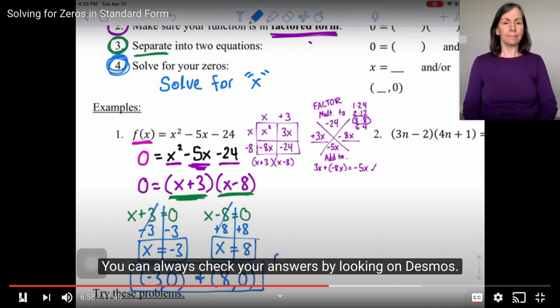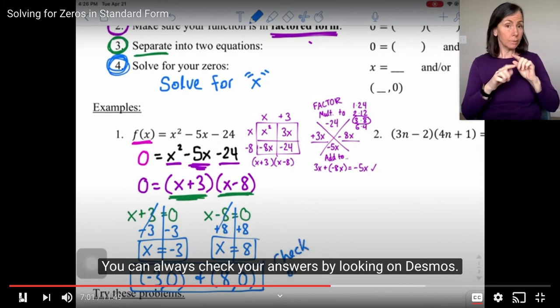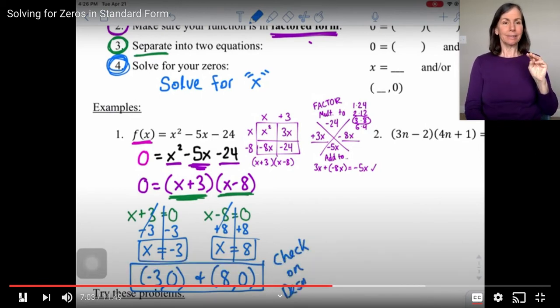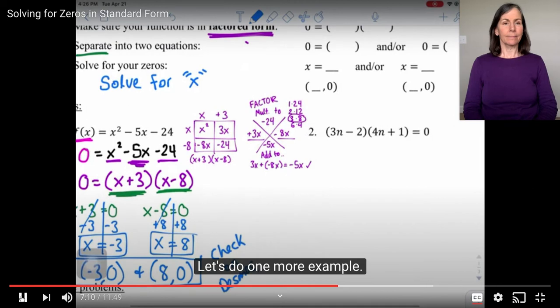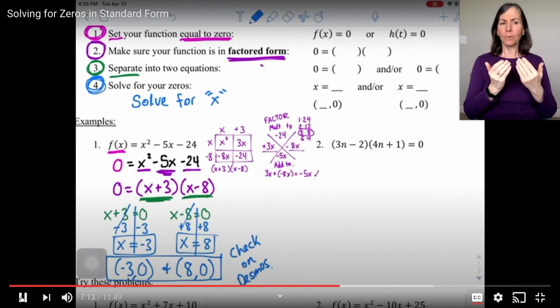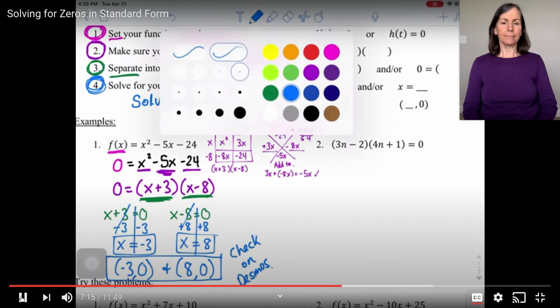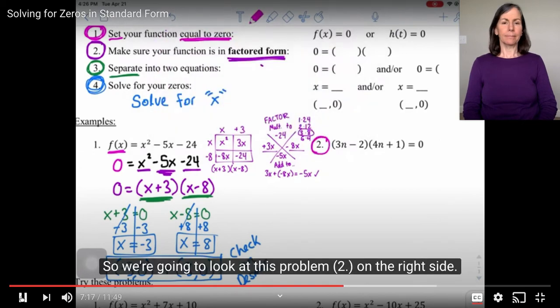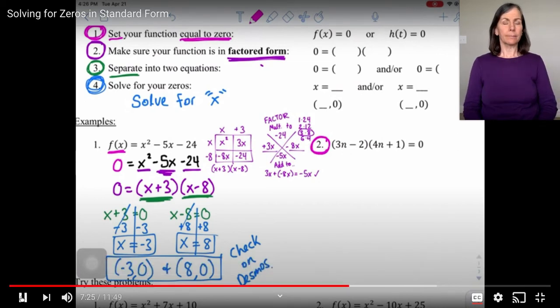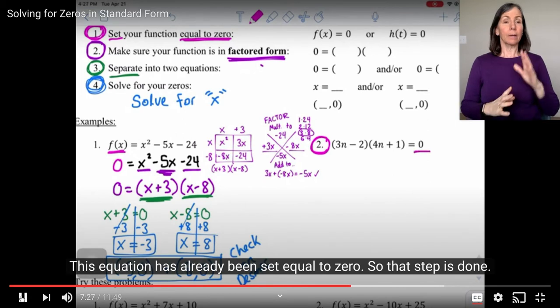You can always check your answers by looking on Desmos. Let's do one more example. So we're going to look at this problem too on the right side. This equation has already been set equal to 0, so that step is done.